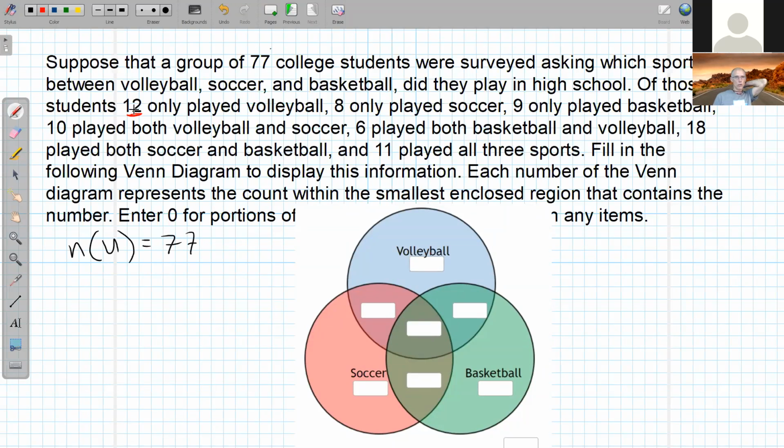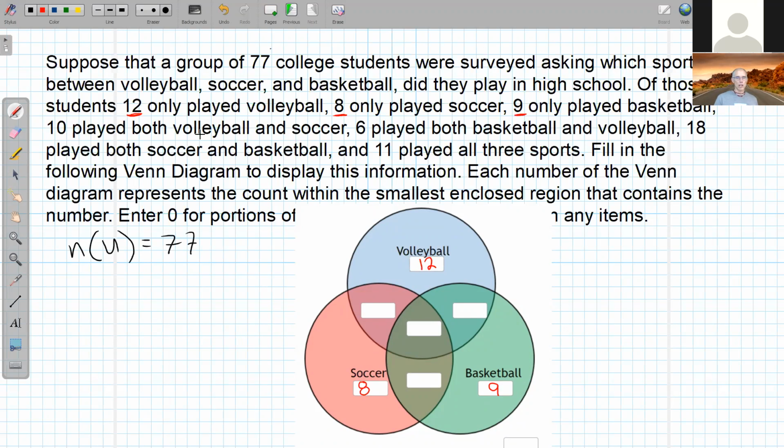Of those students, 12 only played volleyball. So that means they were up here because they didn't also play soccer or basketball. So I think there's a 12 right there. 8 only played soccer. So I think that's right here. They played soccer, but not volleyball or basketball. 9 only played basketball. So then 9 should go there.